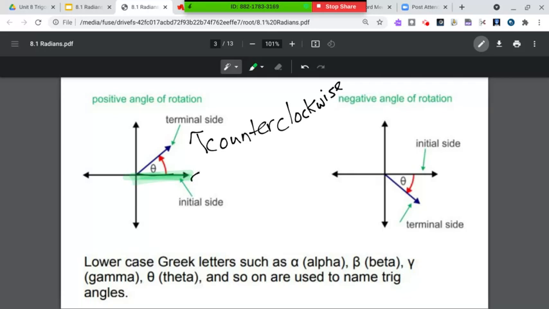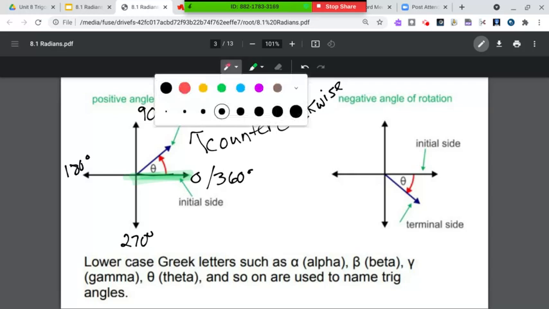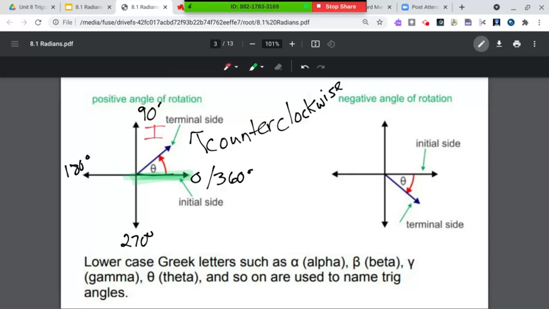So we start 0, 90, 180, 270, and of course come full circle at 360. Okay, initial side is always on your positive x-axis. You have quadrant 1, quadrant 2, quadrant 3, and quadrant 4.